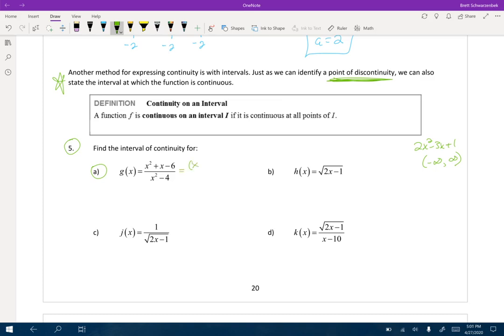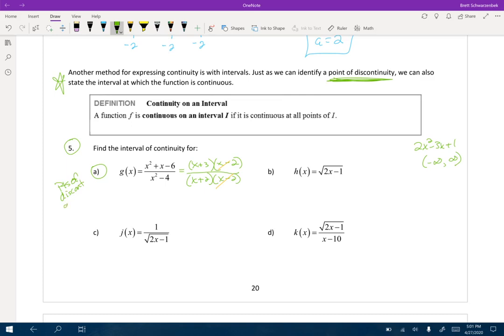So we're going to have x plus 2, x minus 2 in the denominator, and x plus 3, x minus 2 in the numerator. Clearly these cancel out, but that doesn't matter when it comes to continuity. We know the denominator's 2 and negative 2 are points of discontinuity.